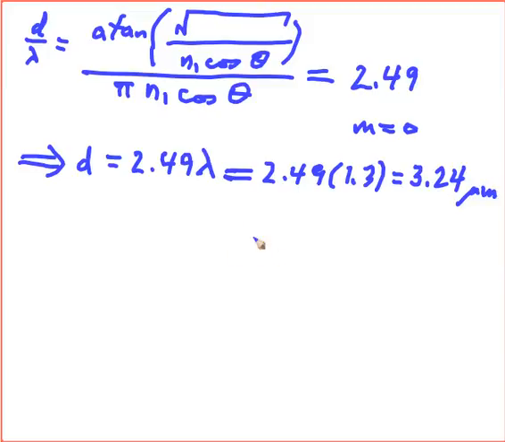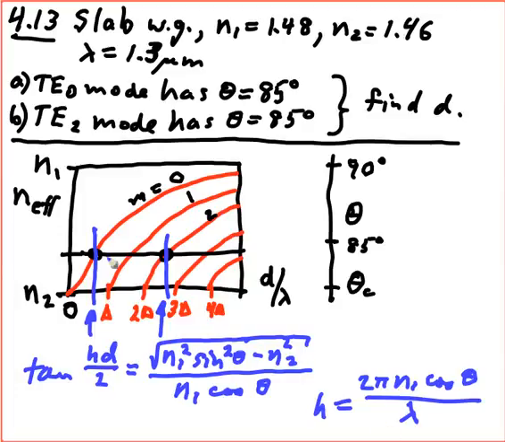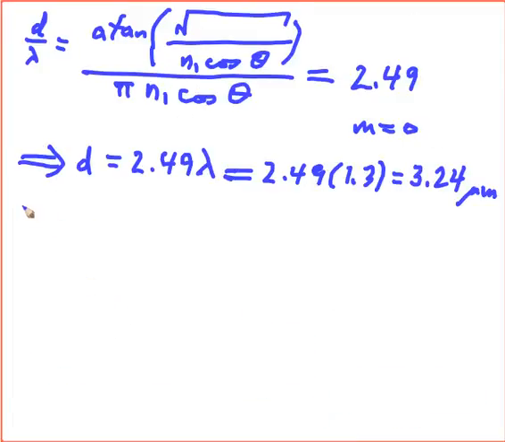Okay. The trick to part B now is to realize that the horizontal spacing between these curves is given by an equation that we call delta d over lambda, which is 1 over 2 n1 cosine theta.